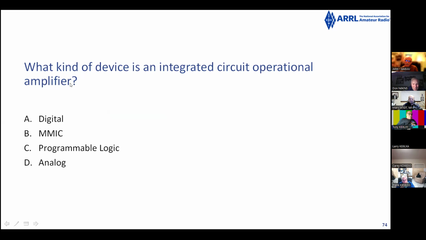Digital doesn't amplify. Analog does. So it's D, an analog device. They're beautiful. They slowly replaced a lot of different amplifiers and filter circuits because they're so universal, once they made them ICs.